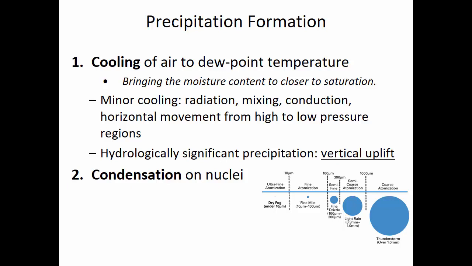The general movement of molecules can suspend a particle up to a certain weight, but then the suspension of the atmosphere can't hold it any longer, and so in a thunderstorm, the droplet diameter may be even larger than a millimeter, big fat raindrops.